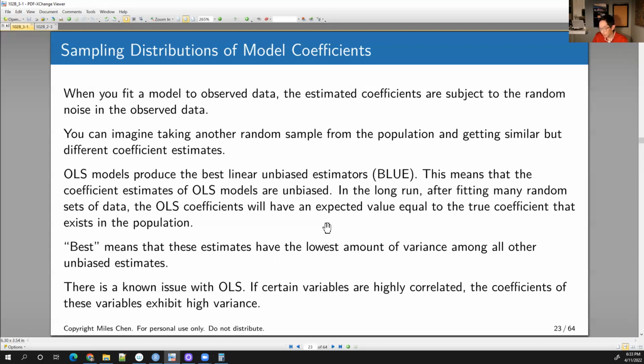But we have known issues, and that is if certain variables are highly correlated, the coefficients of these variables exhibit high variance, right?